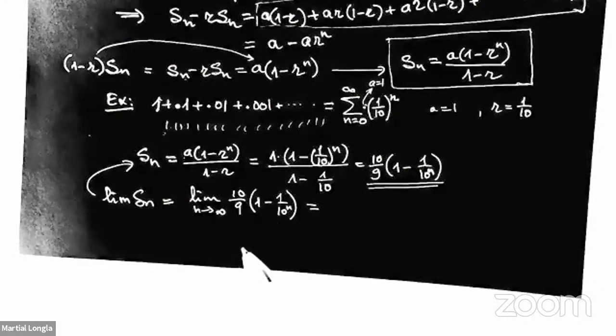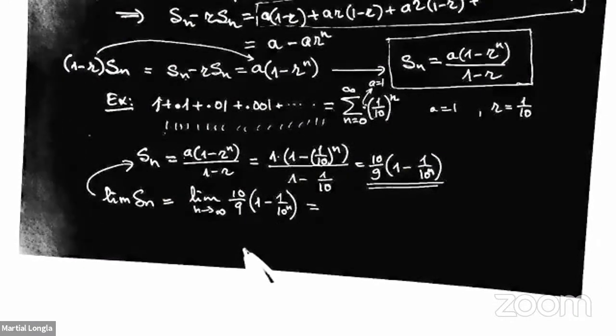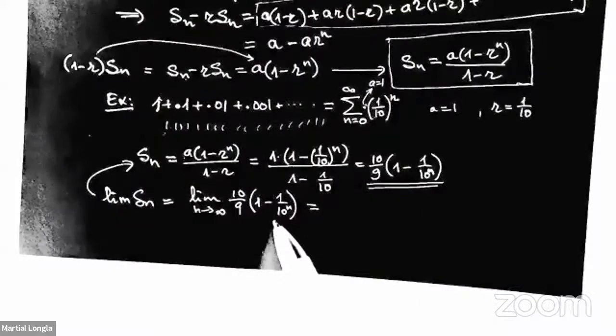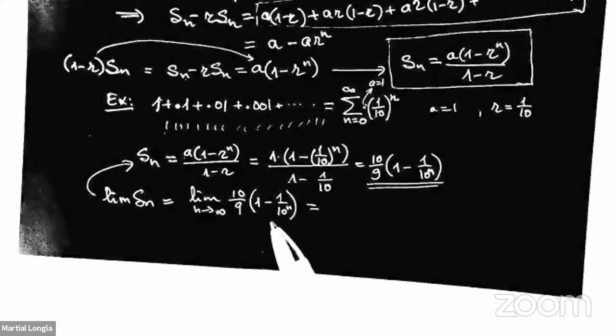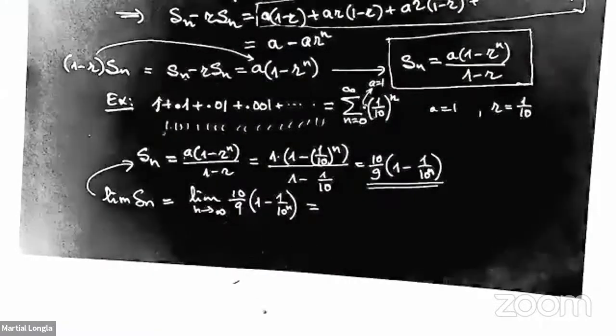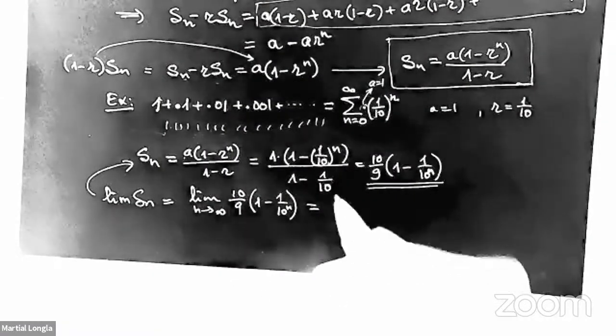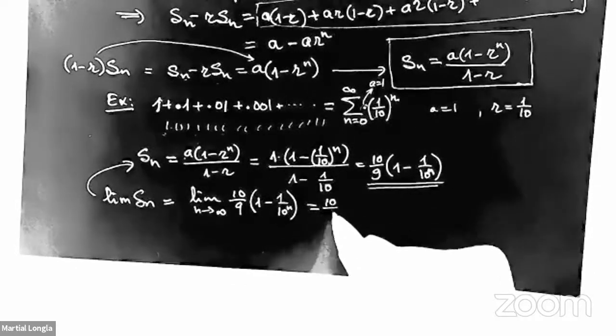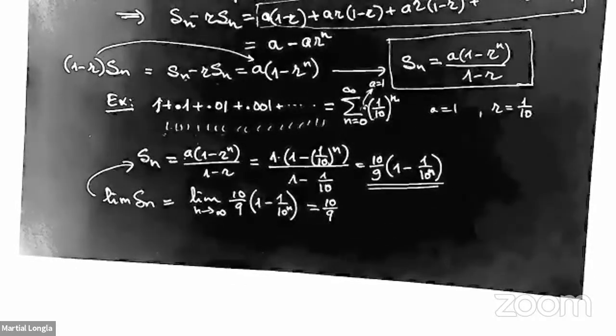What is 10 to the power n when n goes to infinity? Infinity, right? 1 over infinity is 0. 1 minus 0 is 1, times 10/9. So your answer is 10/9.